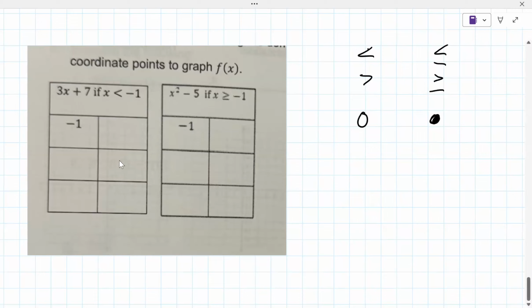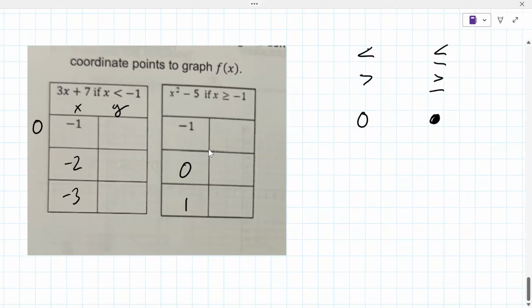All right. So the next thing here is these are the X's, these are the Y's. You're going to want to fill in the table here, but you have to go in the right direction. See how the one on the left is less than -1, so it's -1, -2, -3, those are all less than. This is an open circle. On the right, it's starting at -1, but it's bigger than or equal to, so 0 and 1.